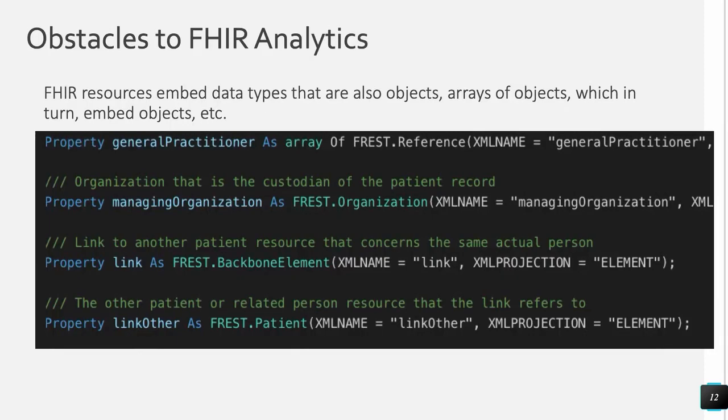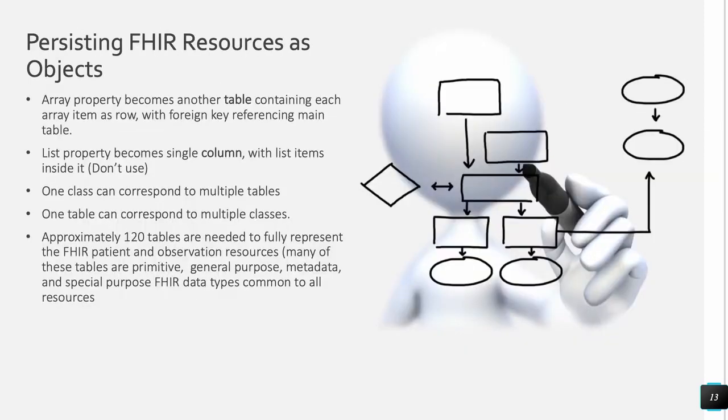So what are the obstacles? Well, one of the obstacles is that this is not a flat data structure at all. It's not the kind of table that a data scientist would normally mine. So we have objects that embed things like arrays, other objects themselves, or have links to other structures.